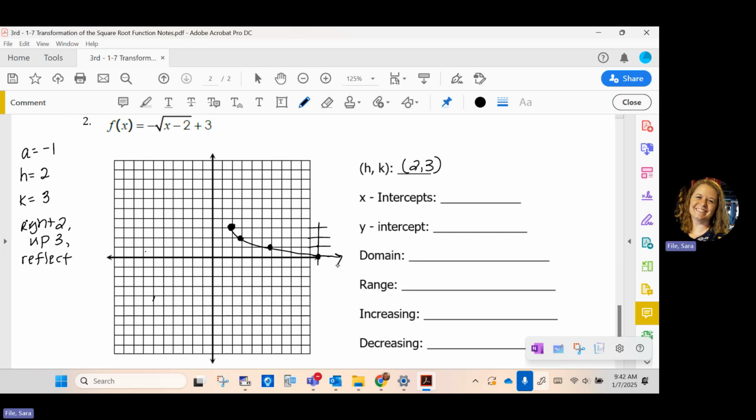So now I've got this opening upside down, which it should be because A is negative. What is the x-intercept? I just plotted it. Let's see, where did that end up being? 11, 0.